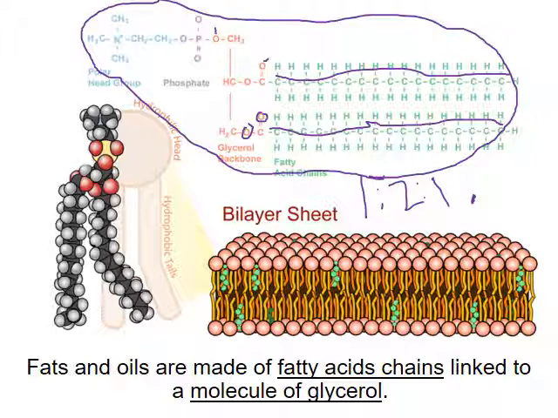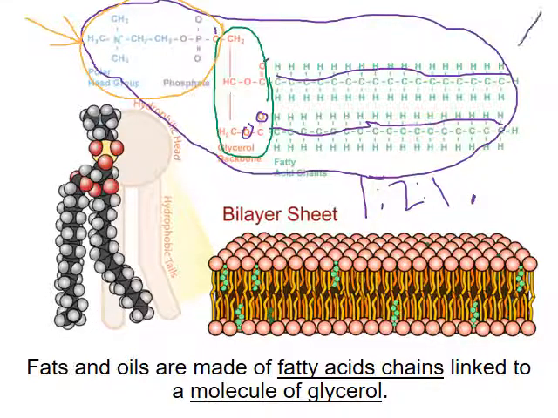You can also see right here your glycerol backbone. Now this particular lipid is actually connected to another molecule. You can see that molecule right here. This is what's unique about the phospholipid. So this area right here, this is the phospho part of the phospholipid. Over here we have the lipid part of the phospholipid.